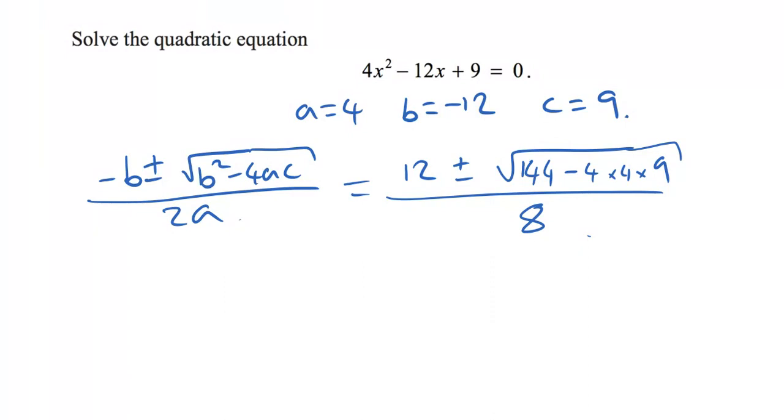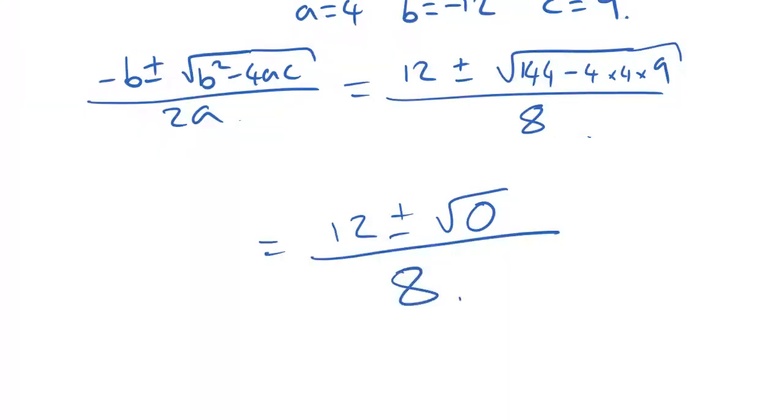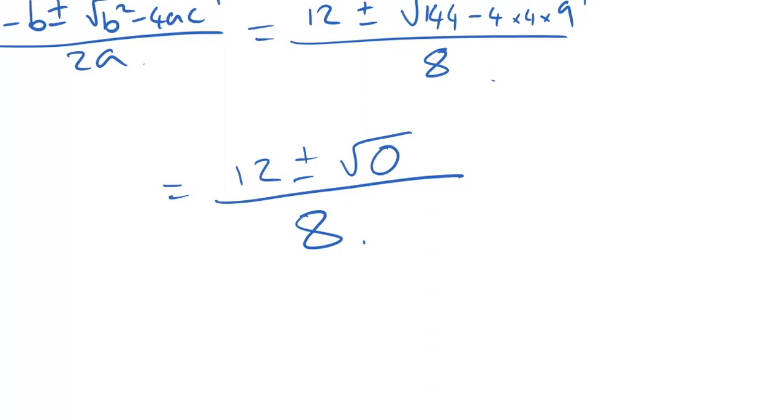Right, we can perhaps simplify this a little bit before we put it all into the calculator. So we're going to have 12 plus or minus. Now, if I did 4 times 4 times 9, I'm going to get 144. So what I'm doing in essence here is doing 144 take away 144, the square root of 0, all over 8. Now, plussing and minus the square root of 0 is plussing and minus nothing at all.